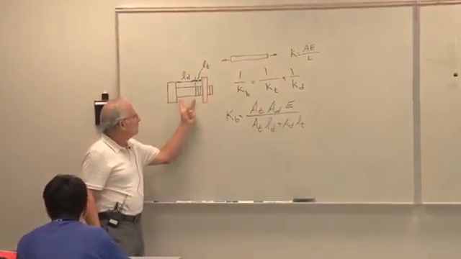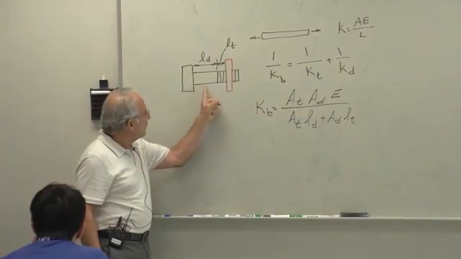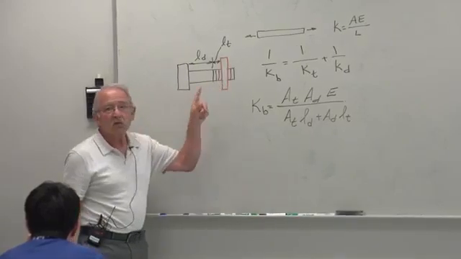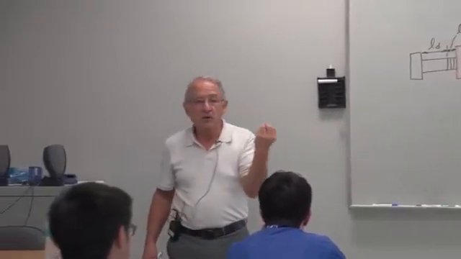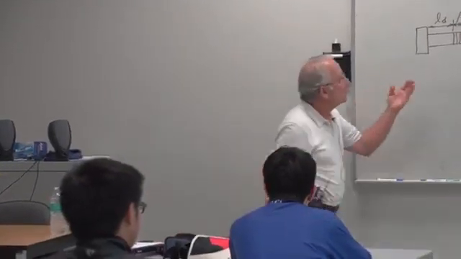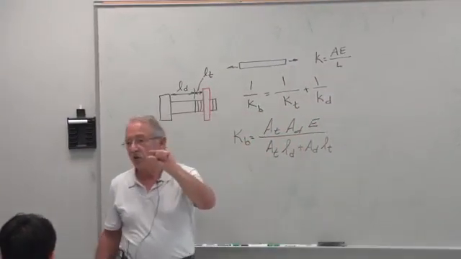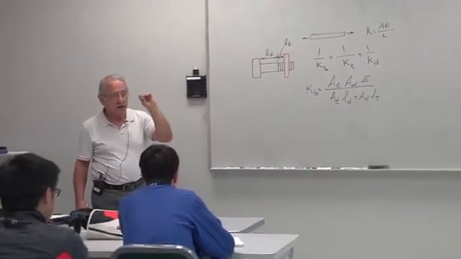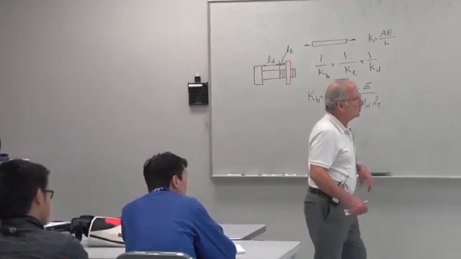In the bolt, the area that's in tension, yes, changes from the threaded part to the unthreaded part, but it remains constant throughout that length with AD and constant throughout that length with AT. That area for the member is not a constant. So we can't use that equation as is. We can use it in differential form to find a differential deflection or change of length, and then find the stiffness from that. So that's what we will be doing.